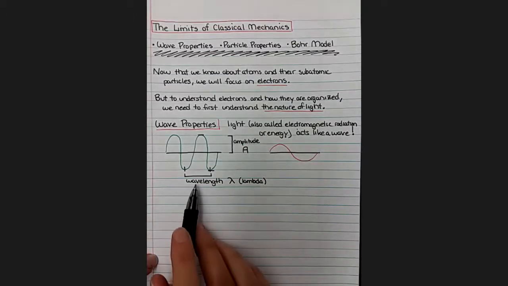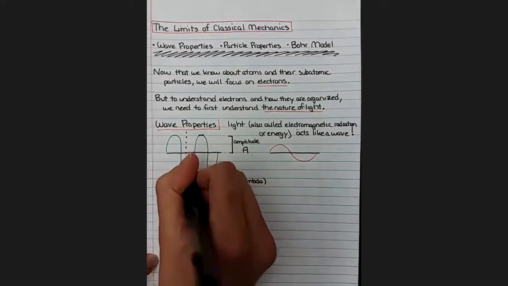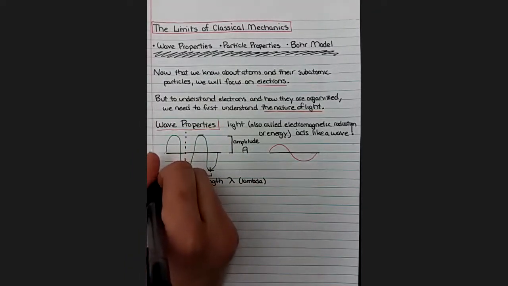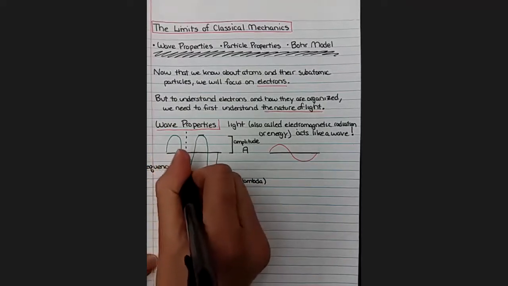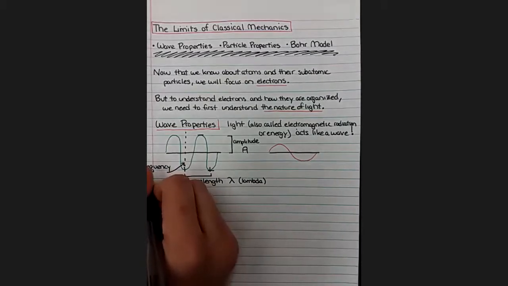And then something that's sort of complementary to wavelength is the frequency. And frequency is the number of waves that pass this point per second.